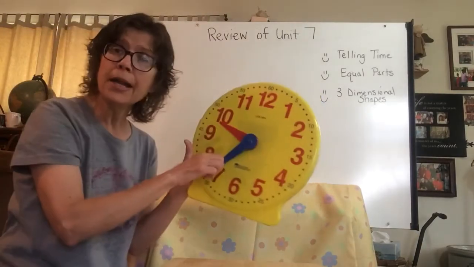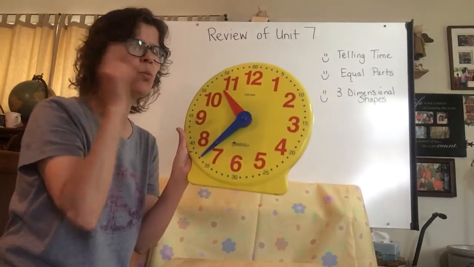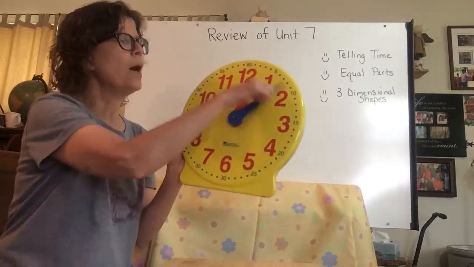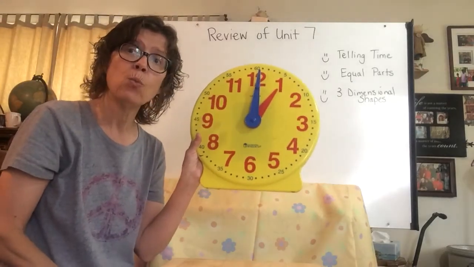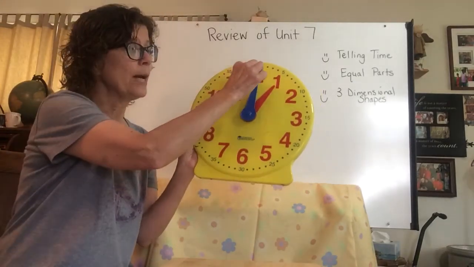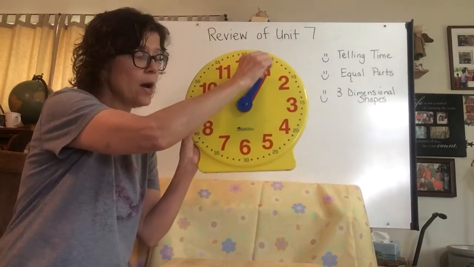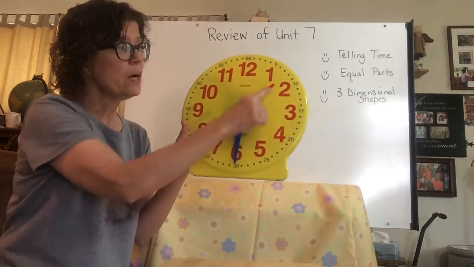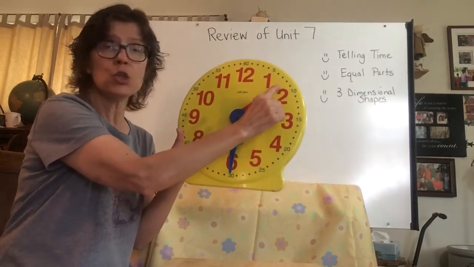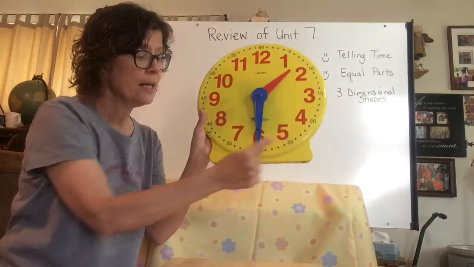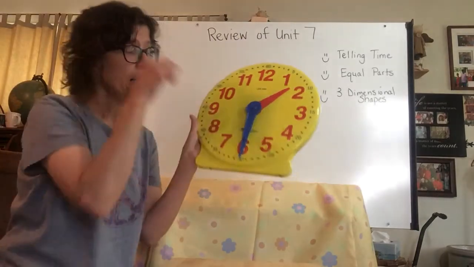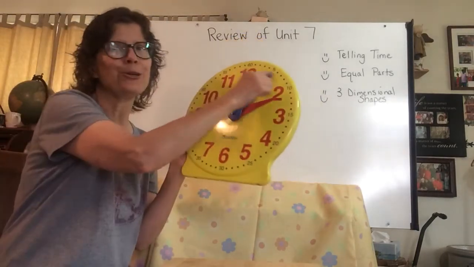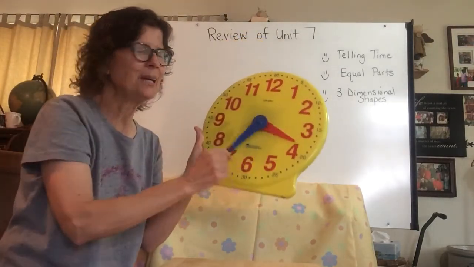How about 1:30? I heard 1, so I'm going to do the 1 o'clock. There's 1, and now I have to do 1:30. It's between the 1 and the 2, so it's still 1:30. I'll do one more. How about 3:30? That was when you probably got home from school.